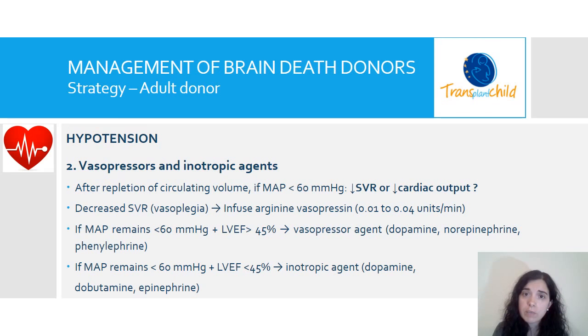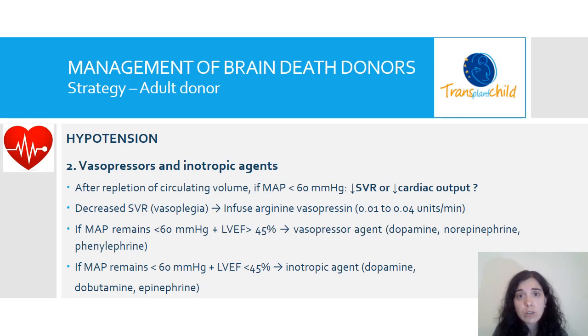Traditionally, dopamine has been the first choice for hemodynamically unstable donors, and some evidence supports a benefit in improving post-transplant kidney allograft function. However, comparative trial data are lacking, and practice patterns have shifted in favor of using norepinephrine or phenylephrine for severe vasoplegia.